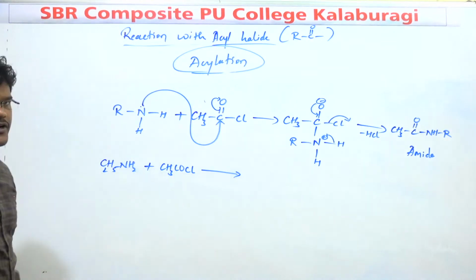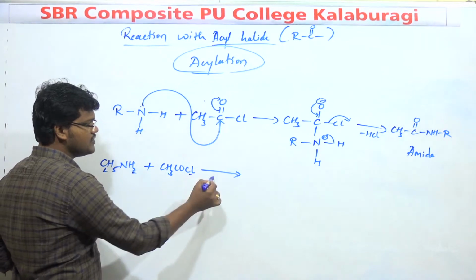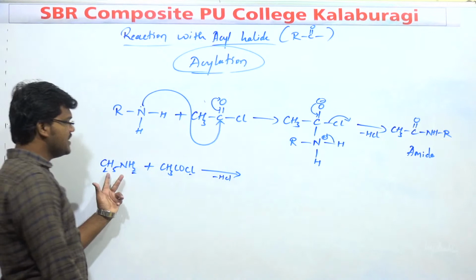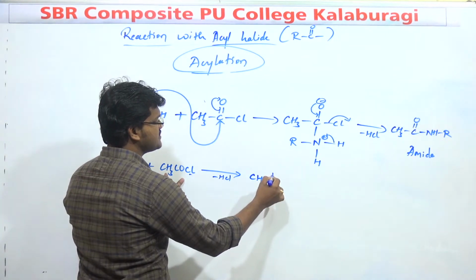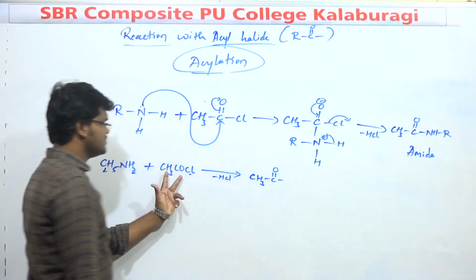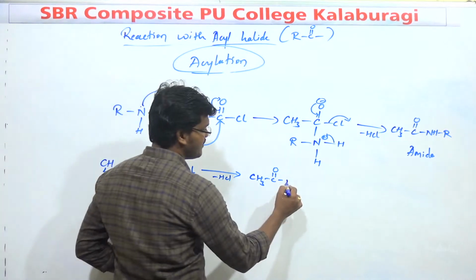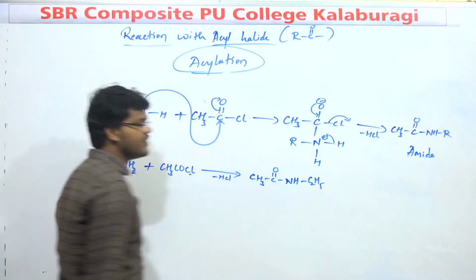Directly write the product. What are you going to get? The hydrogen will go along with the chlorine, minus HCl. Minus HCl means I will be left with CH3CO, with the Cl out. So I will be left with NH and C2H5.